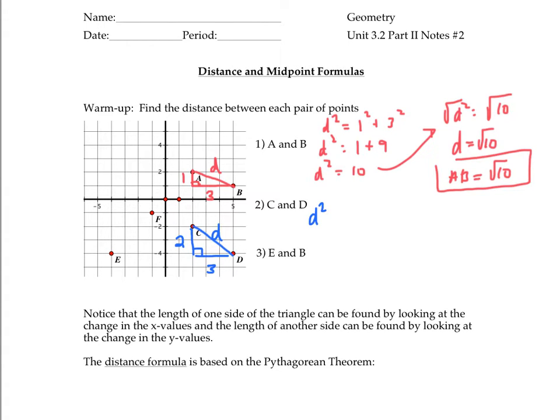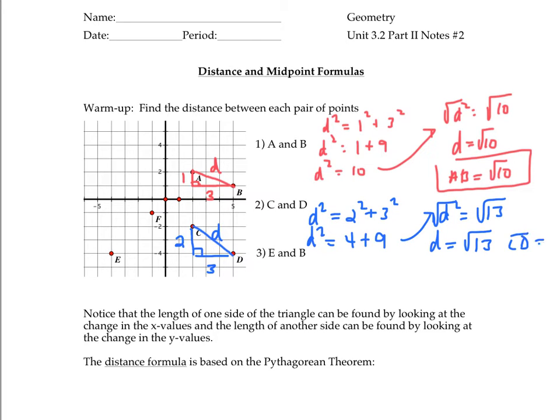So this time around, d squared is equal to 2 squared plus 3 squared, or d squared is equal to 4 plus 9. D squared is equal to 13. So take and find the square root of both sides. We get d equals the square root of 13. So that means the line segment CD has a length equal to the square root of 13.